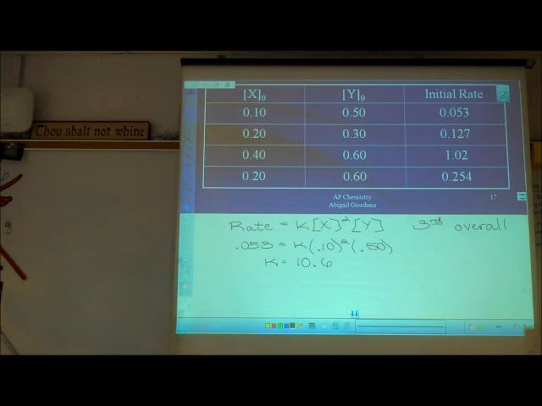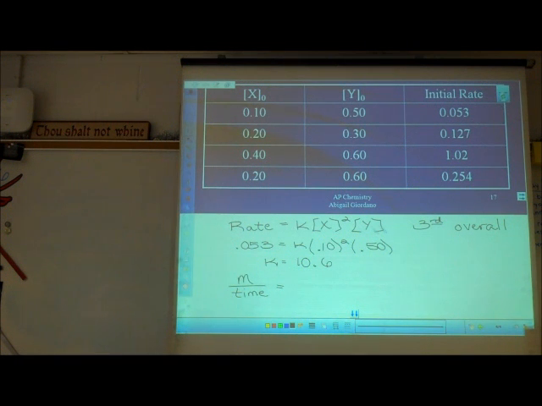Great. Well, we don't use meters. We're not measuring distances in chemistry. So the rates are always going to be in units like this. Molarities per some unit of time. Could be seconds, minutes, hours, whatever. I'm just going to write the generic term time. Molarity per time.